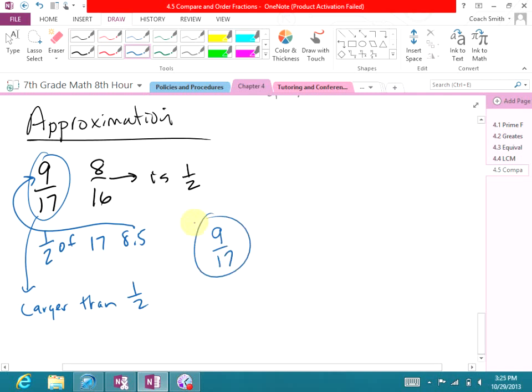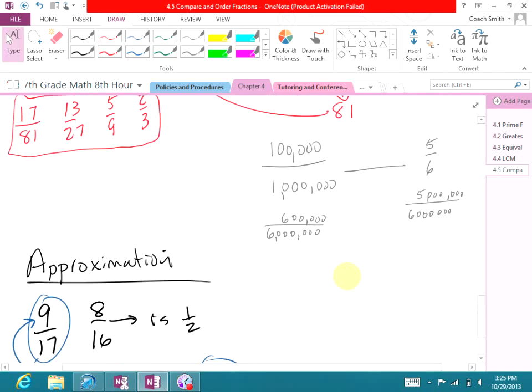Now, the reason you want to know approximation is because for me to find out the common denominator between 17 and 16, I just have to multiply them together. Then you're going to be dealing with large fractions. So I can look at that and approximate it that way, and I don't have to do the common denominators. You can do the same thing to this up here.